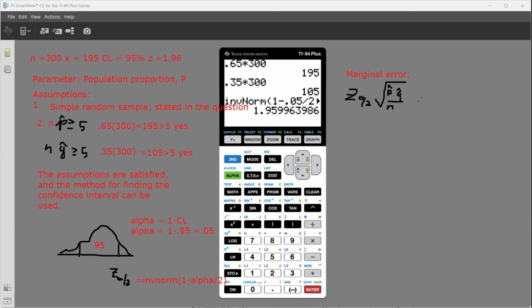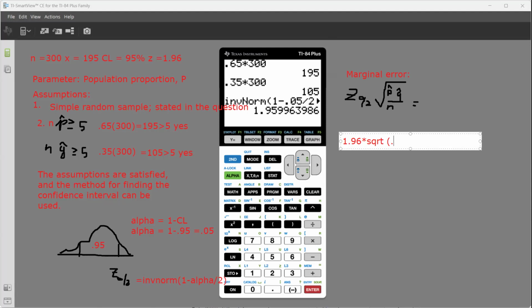Okay. So what this looks like when I plug it in is it's going to be 1.96 times, and I'll use the star because I'm typing here, square root, SQRT of point.